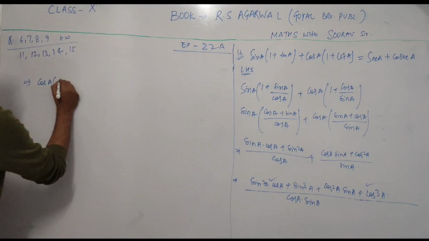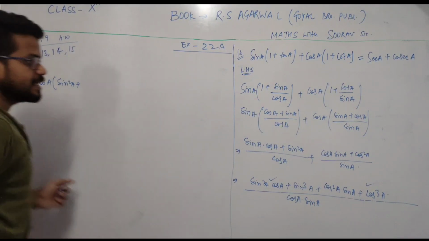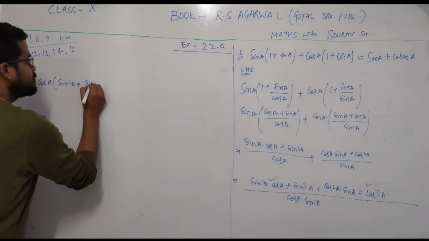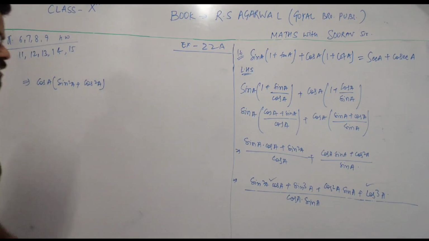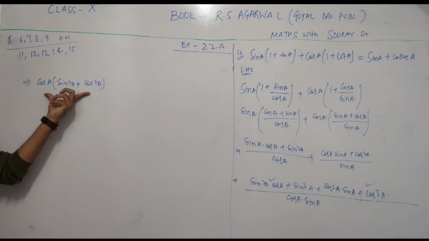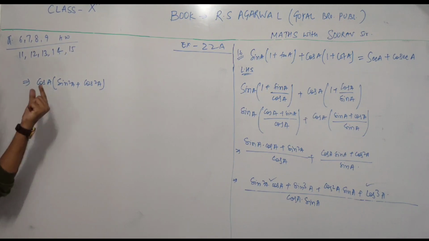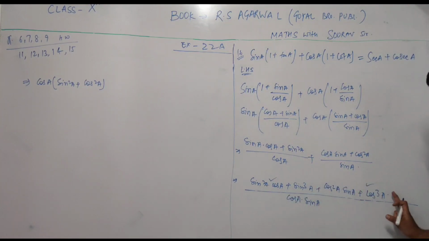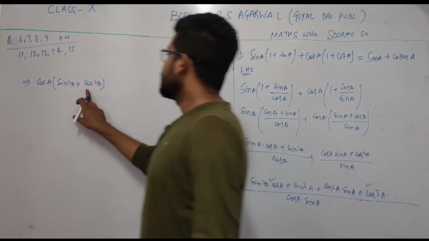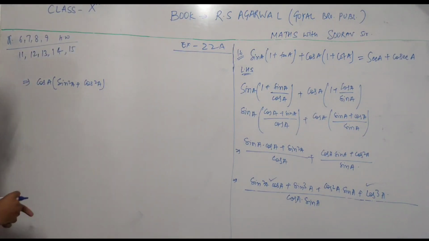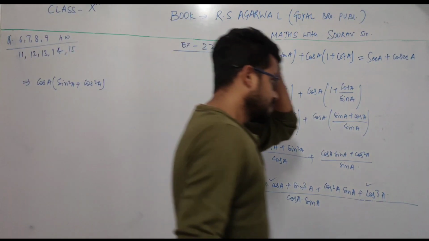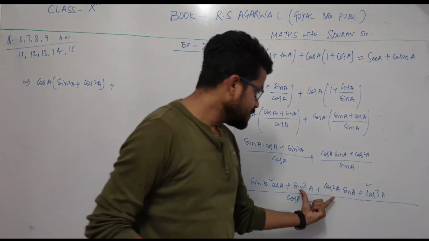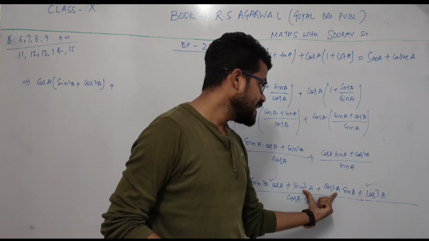Cos A is the LCM, this is sin square A, plus here if I take cos A common, we get cos square A. Why do we write it like this? Why do we take LCM cos A? Because we have to convert this sin square A into the cos square A form. Okay, and we know that sin square A and cos square A is what? 1.